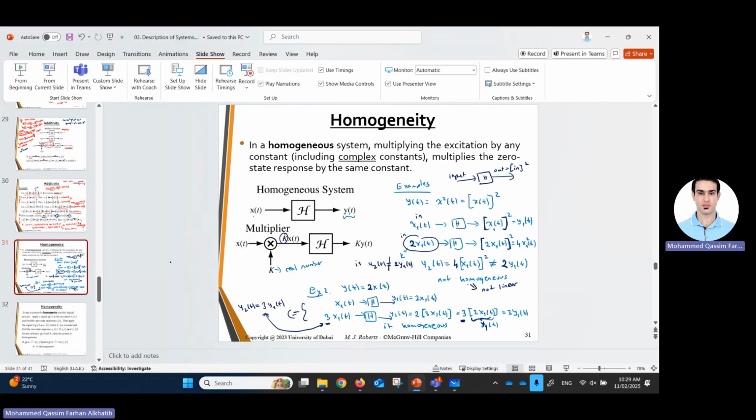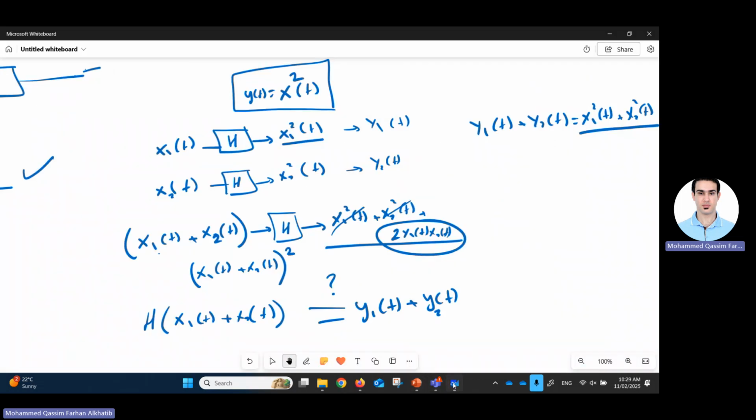Homogeneity. Now, if you look at that one, I think it's homogeneous. So you have x1, no, not even homogeneous actually. x1 of t through the transformation will get y1 of t equal to x1 squared of t.